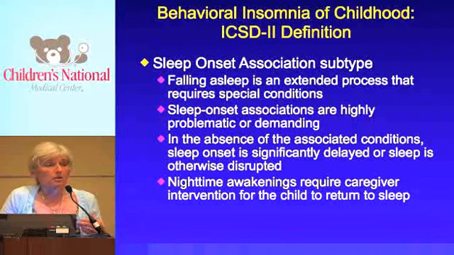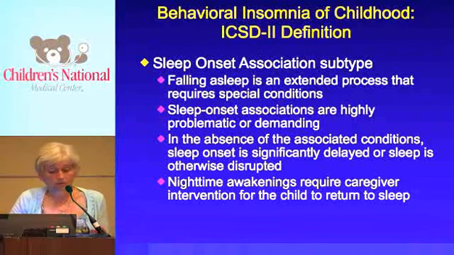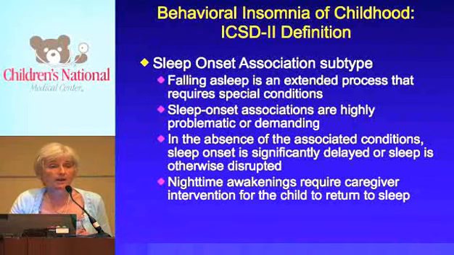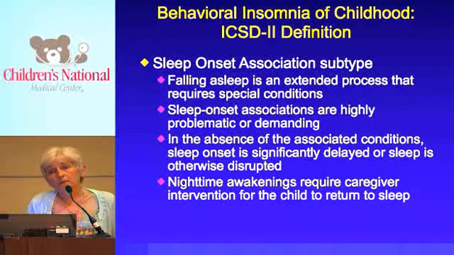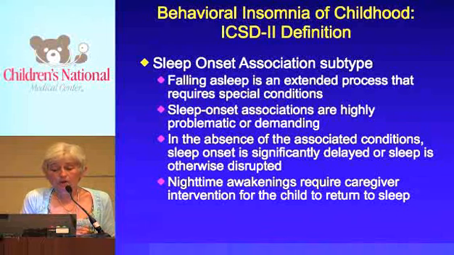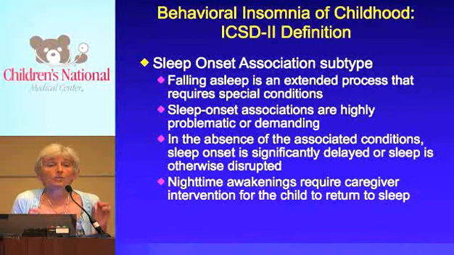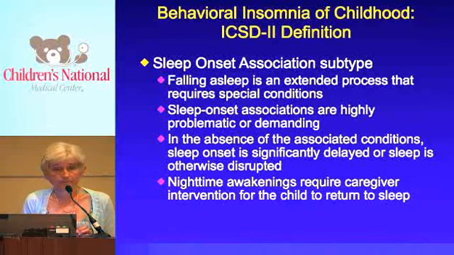So we talk about behavioral insomnia of childhood, and there are two subtypes. One is what we call the sleep onset association subtype, in which falling asleep is often an extended process that requires special conditions, in particular the presence of a parent.